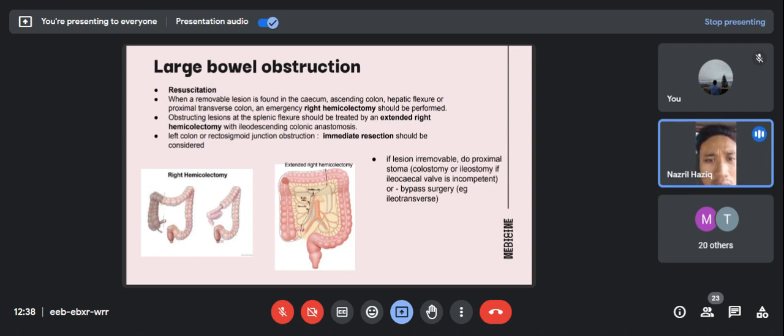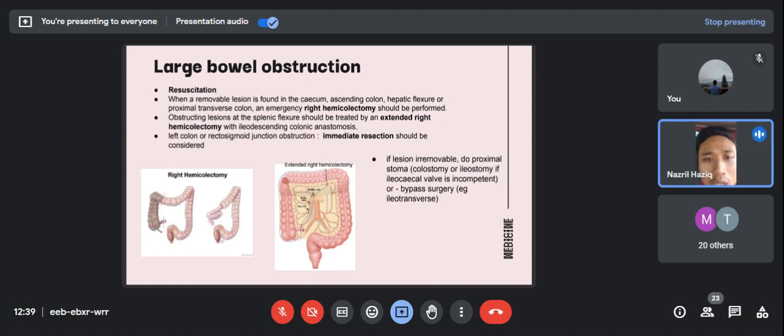If the lesion is found in the cecum, ascending colon, or hepatic flexure, we can do an emergency right hemicolectomy. Mainly this surgical intervention is to relieve the bowel due to the obstruction.